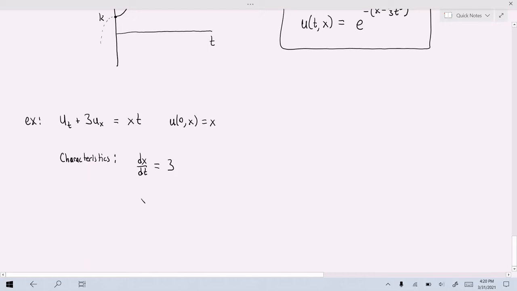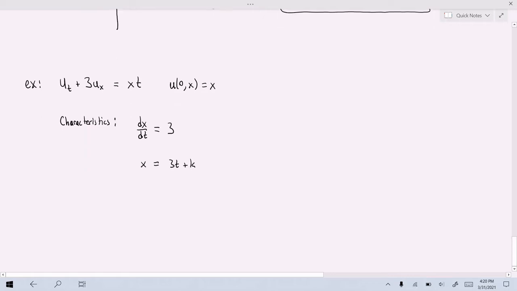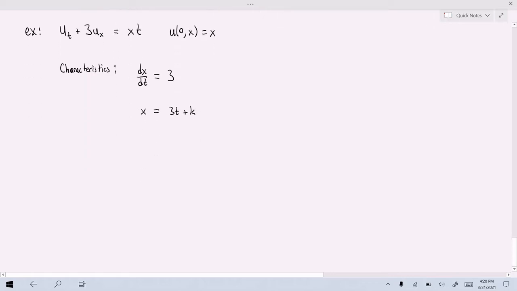So integrating with respect to t, we find that x is 3t plus some constant, which I'll again call k. So these are lines with a slope of positive 3, with x-intercept k.